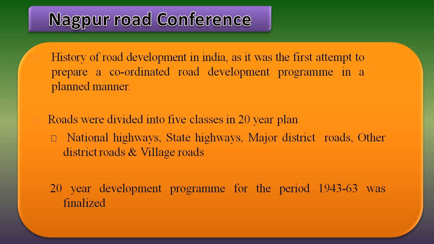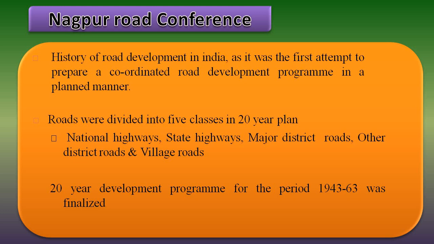The 20-year development program for the period 1943 to 63 was finalized, and this 20-year plan was divided again into 5 categories.